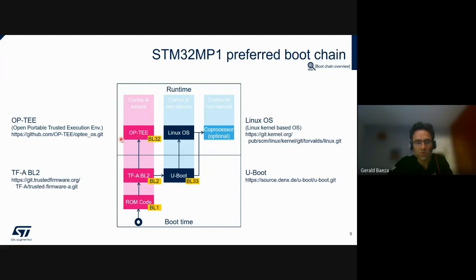The secure monitor we are using is OP-TEE, Open Portable Trusted Execution Environment, with the source code available on Git here. Then our non-secure bootloader is U-Boot, the famous U-Boot that you can find on the Denx source Git, and the Linux OS that you can find on this Git.